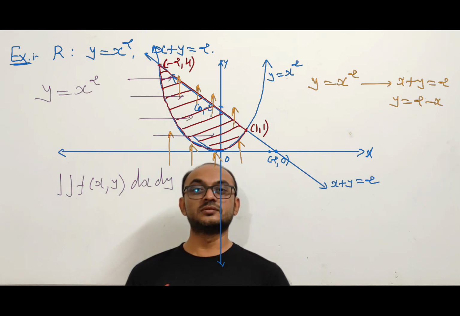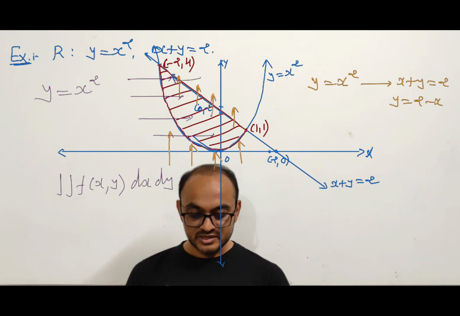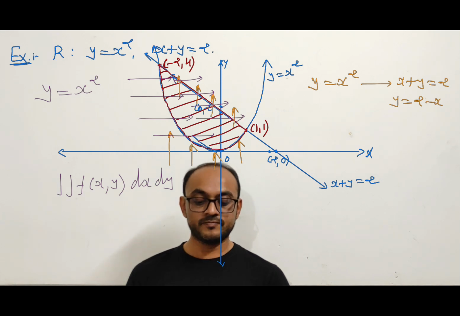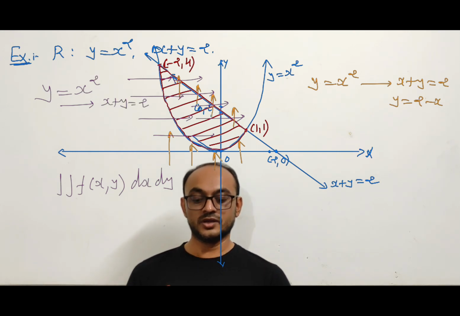Now let us exit from the region. You observe, when we exit, we are exiting from the line x plus y equal to 2. Clear?